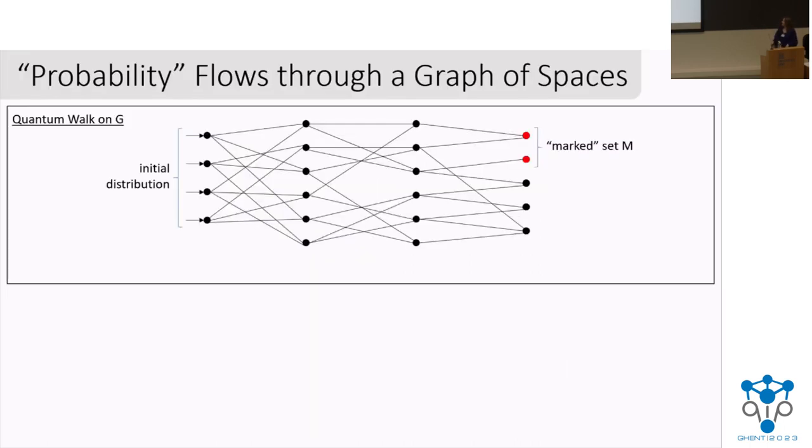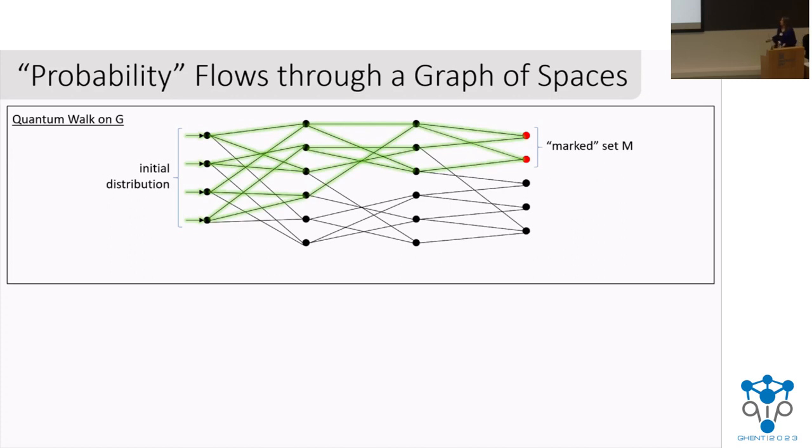Here, we're going to take inspiration from quantum walk algorithms. As I mentioned at the beginning, we do have a composition result specific to quantum walks, which I will state very quickly at the end. But for now, let's just take some intuition from the picture of quantum walks. In a quantum walk, or a random walk on some graph G, we can imagine some probability that starts in some initial distribution and propagates through the graph until we get to some marked set, or some vertices corresponding to solutions.